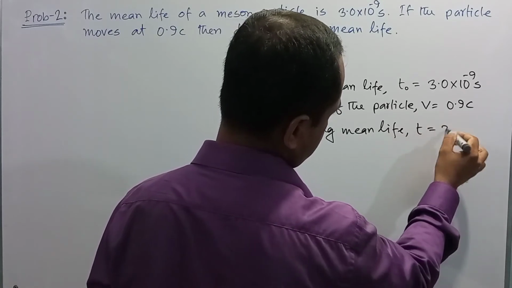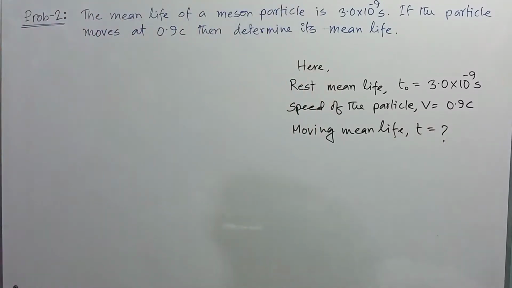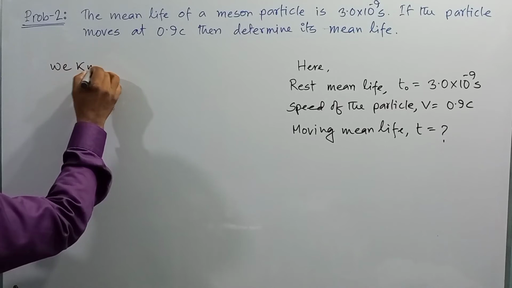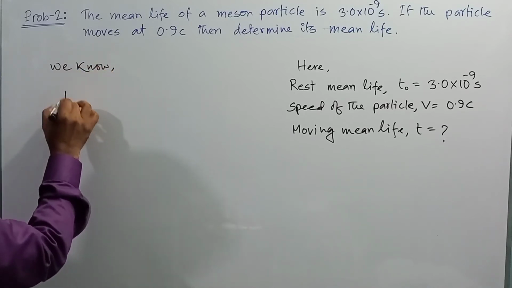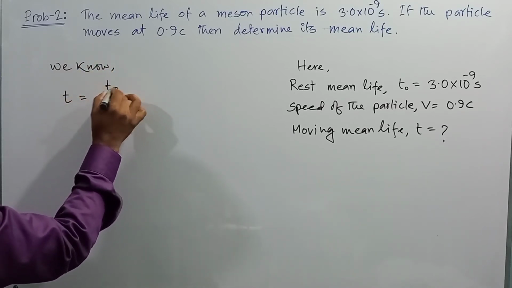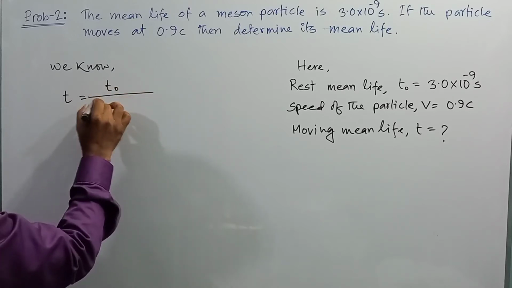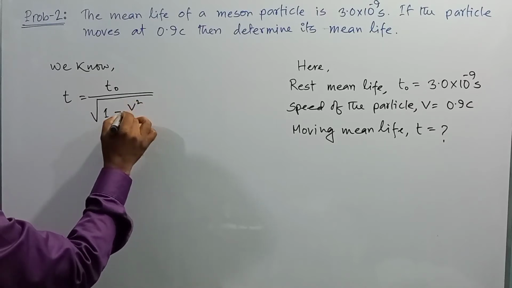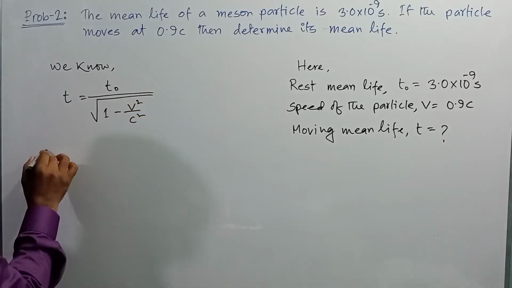So T is equal to what? Okay, so we know T is equal to T naught divided by square root of 1 minus V square by C square.